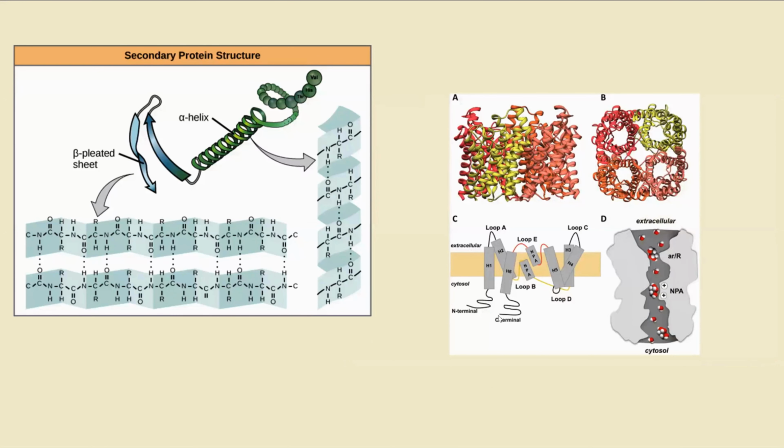These are more examples, diagrams of what I'm mentioning right here. You can see the alpha helix, where you have hydrogen bonding occurring between different amino acids, from a carboxyl group to an amino group. Or, depending on the different types of amino acids, you can have these beta sheets.